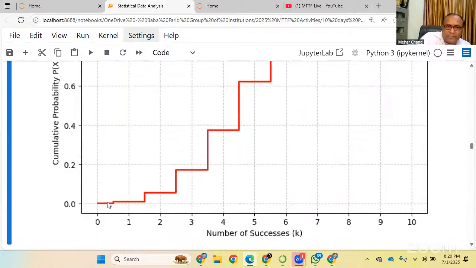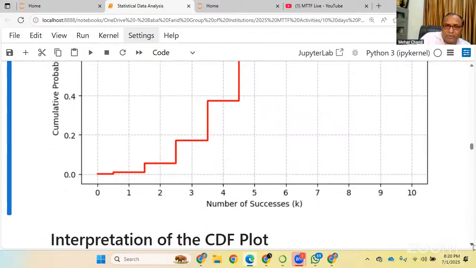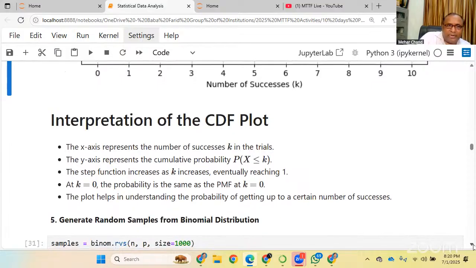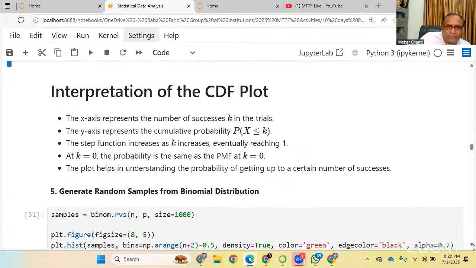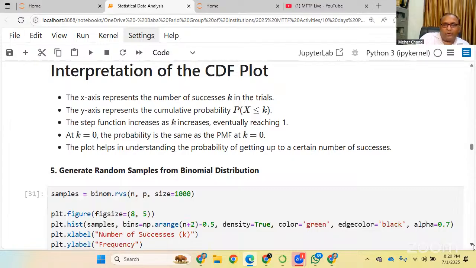This is the first one, then second, third, fourth, and so on. And here is the interpretation. You can easily go through the details. Very simple.